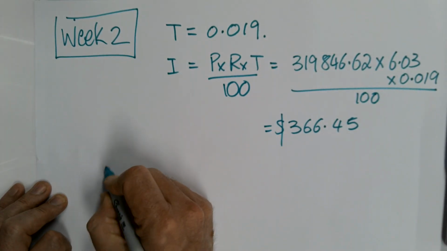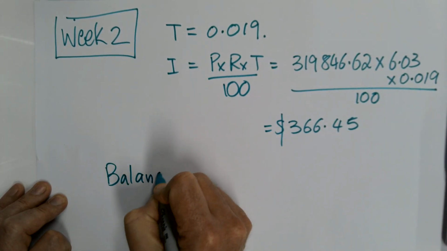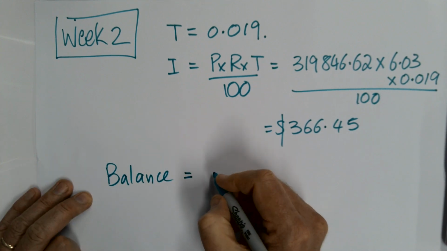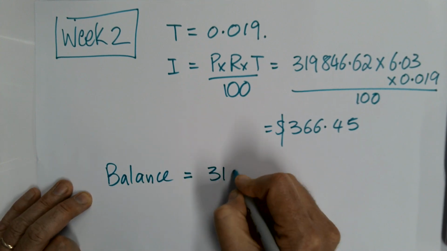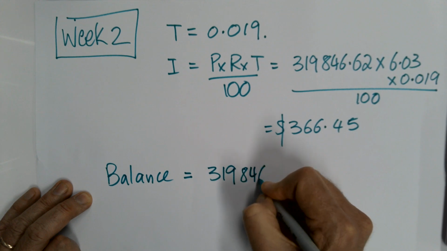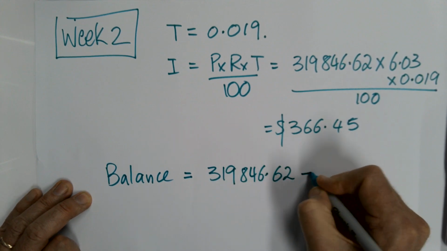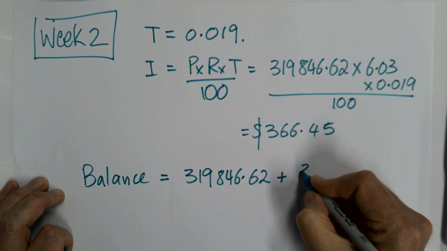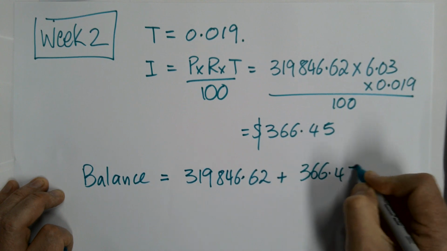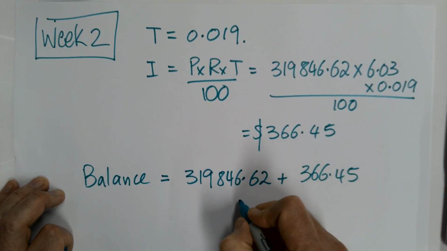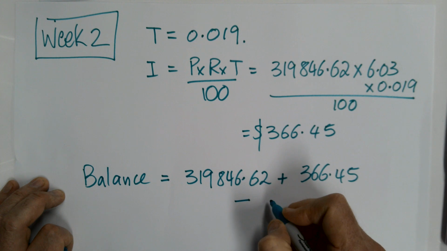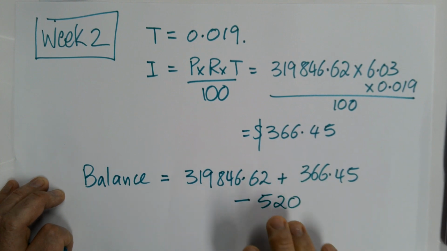So my balance is the principal, which is $319,846.62, adding the interest, subtracting my weekly repayment, which is 520. It's always going to be 520.